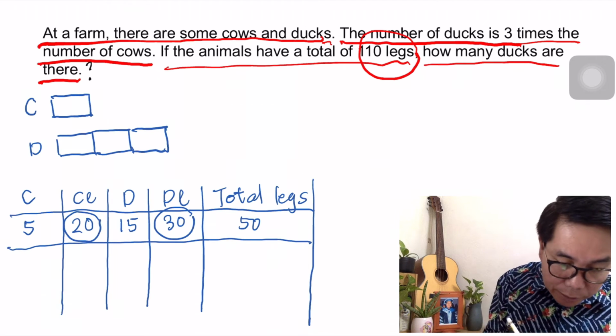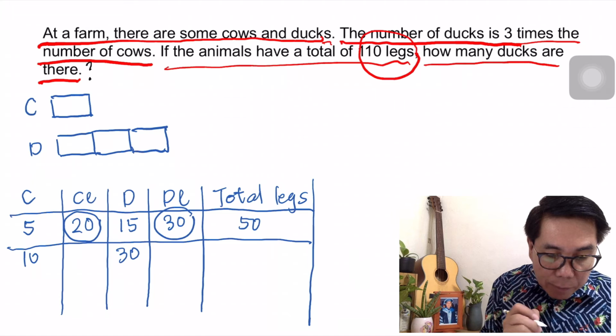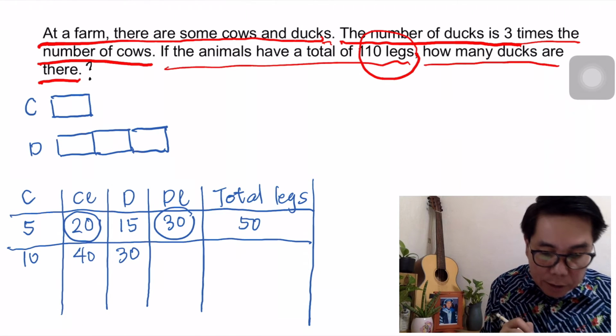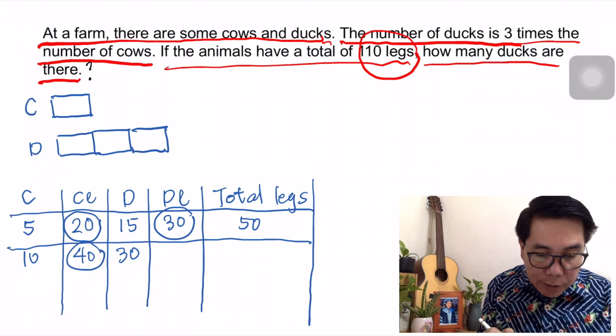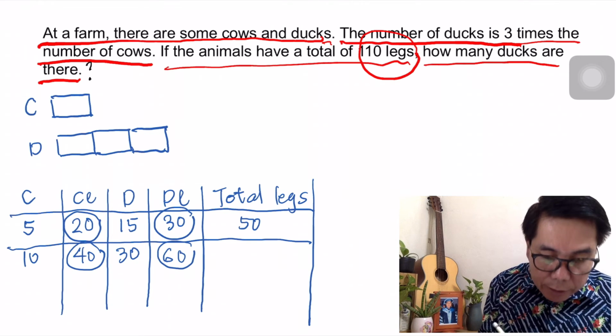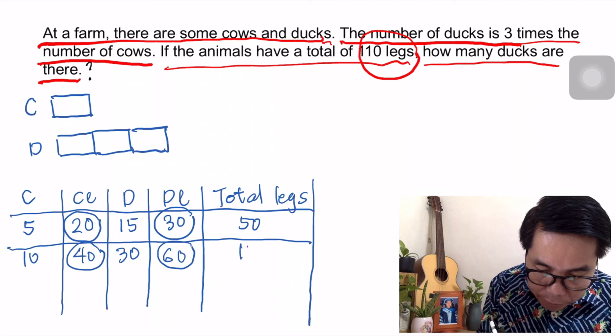Let's make it 10 cows. If there are 10 cows, there will be 30 ducks. 10 cows times 4 legs, there will be 40 legs. 30 ducks times 2 legs, there's 60 legs.